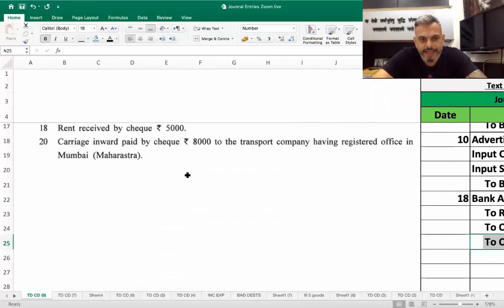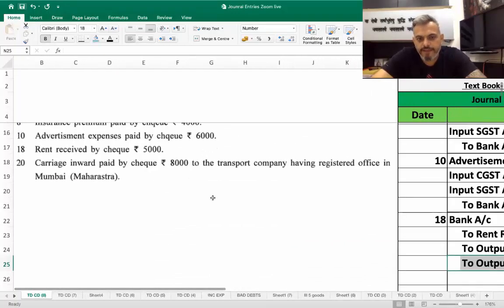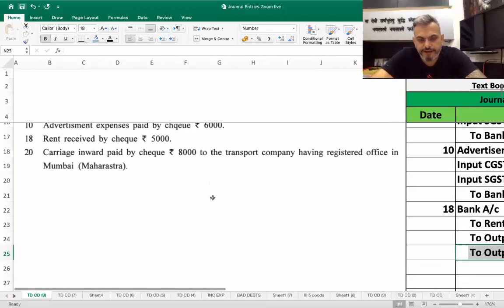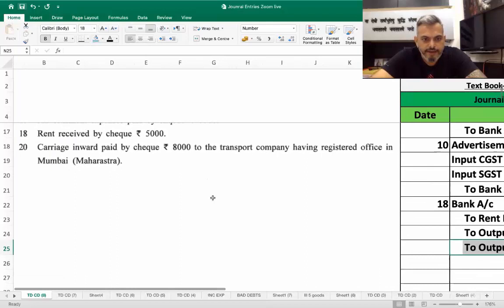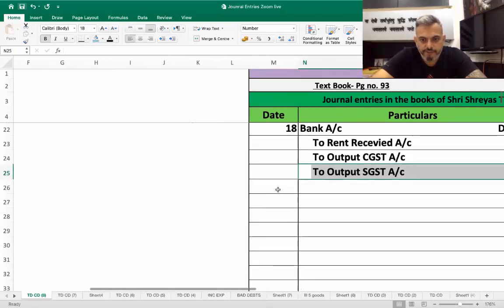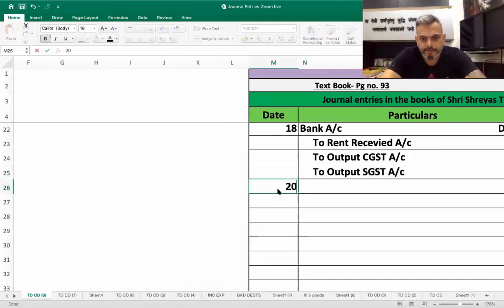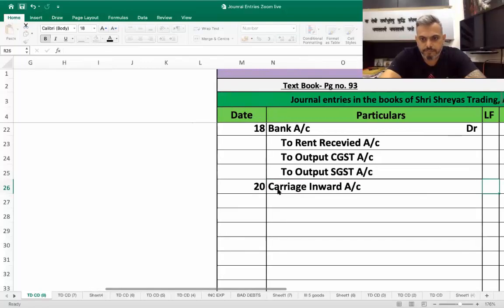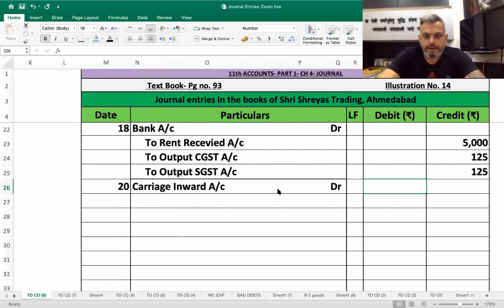Now 20th, carriage inward paid by check to transport company having registered office in Mumbai. So it is out of state. Okay. Carriage inward is our expense. Carriage inward account debit 8,000.